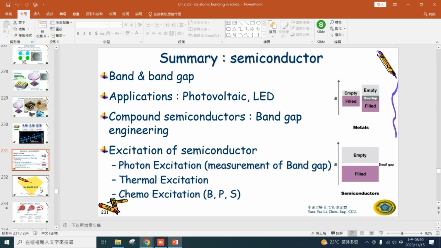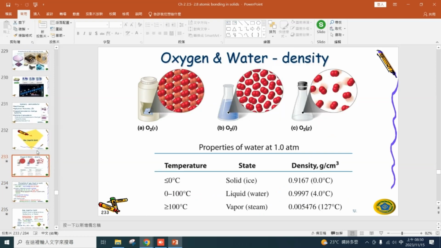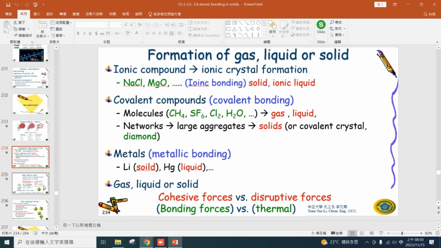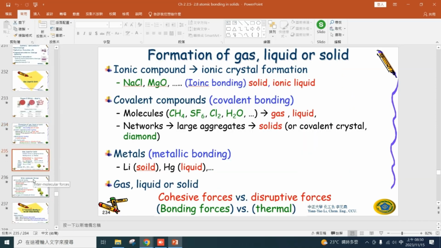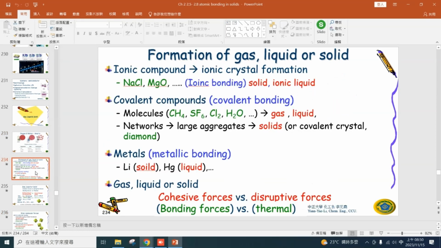After that, we introduced the meaning of gas, liquid, and solid. What we know is that here are cohesive forces versus destructive forces, right? That means we have bonding energy against thermal energy.